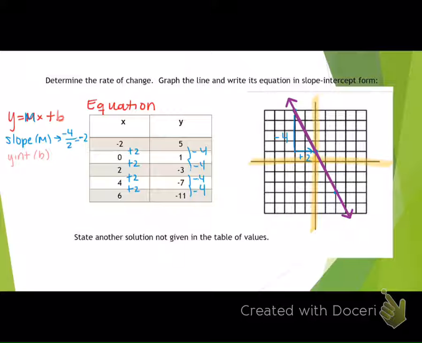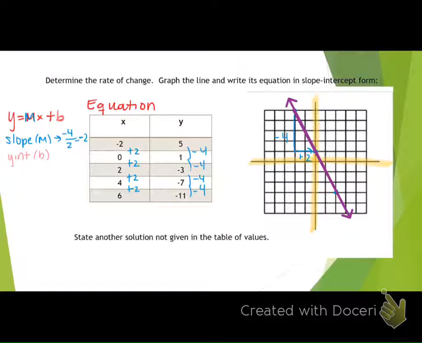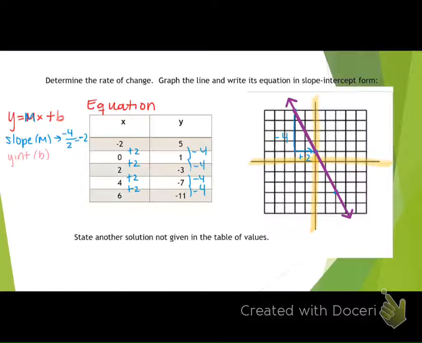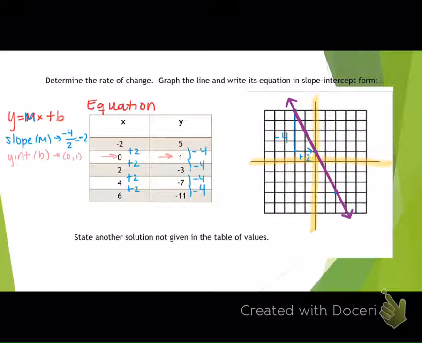Make sure you guys are connecting your points too, at the line. Where's it crossing the y-axis at? At 1. So it's 0, 1. So when x is 0, you have your y-intercept, so you could see it on your graph, or you can look on your table.